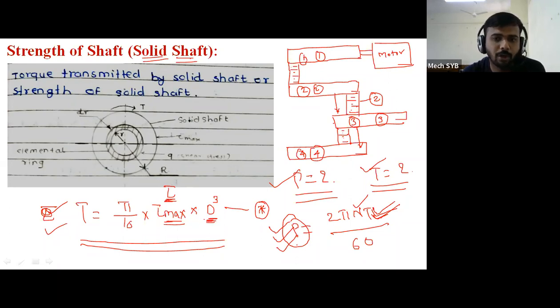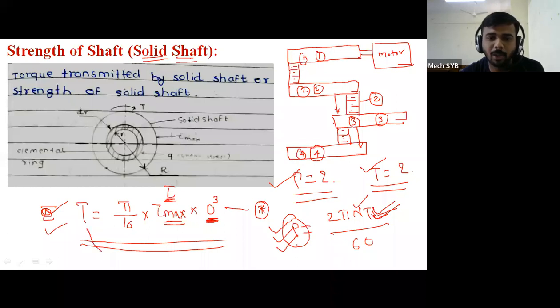Whether it is d cube or d raised to 4 or d square or d raised to 6, that is also very important. So strength of the solid shaft is capital T is equal to pi by 16 into tau max into d cube.